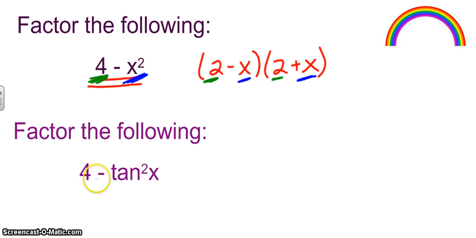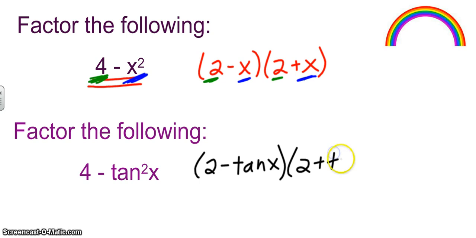Making that trig connection, we're going to consider tangent squared to be our x squared. So this will become 2 minus tangent of x and 2 plus tangent of x. Again, the 4 was in the front, so 2 and 2. Tangent squared was in the back, so tangent and tangent.